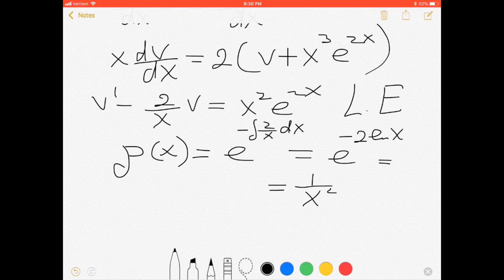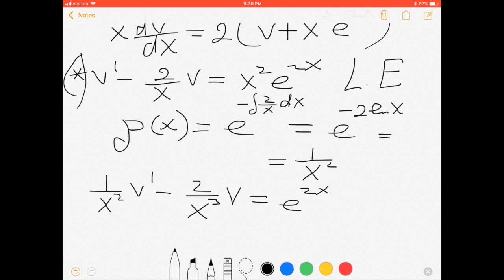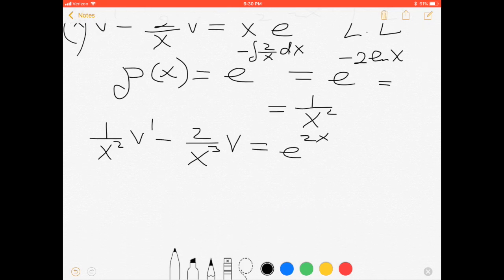Okay, multiply our equation, which I marked with a star, by 1 over x squared. We have 1 over x squared v prime minus 2 over x cubed v equals e to the power 2x.